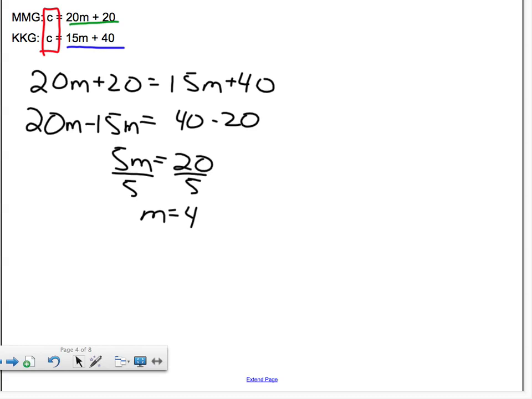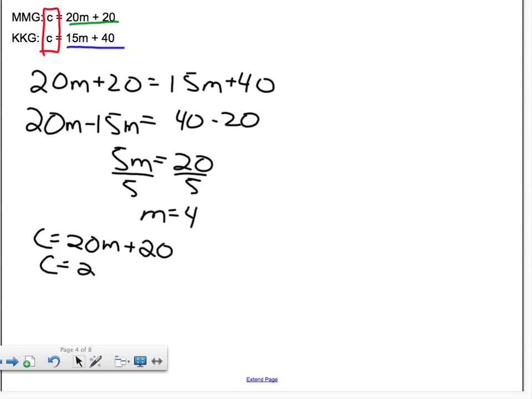Okay? So now that we know that m is equal to 4, and these two equations are true because c is the same, now plug m back into any of these equations. So I'm going to plug it back into the first one. So c is equal to 20m plus 20.